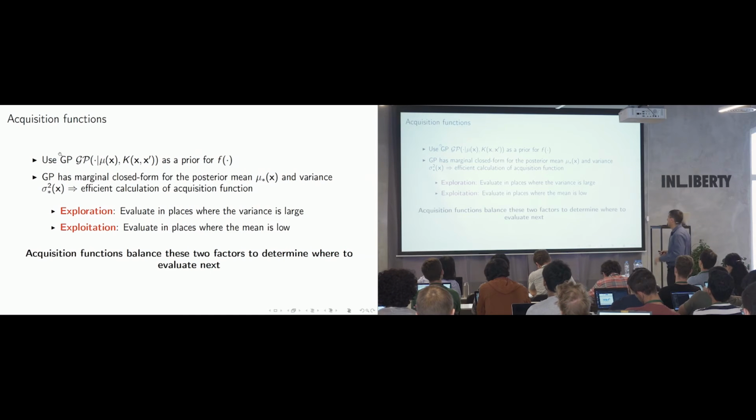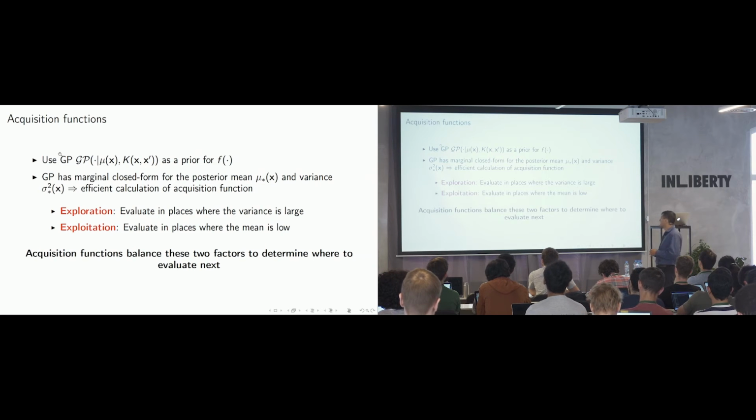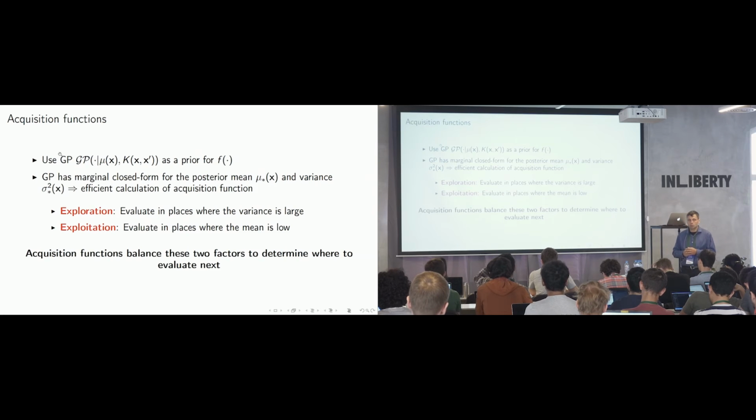What is important is that in this process, we need to support two things. We need to support exploration, and we need to support so-called exploitation. And what is it? So exploration is the process when we would like to explore those parts of the input domain where we have the highest uncertainty.